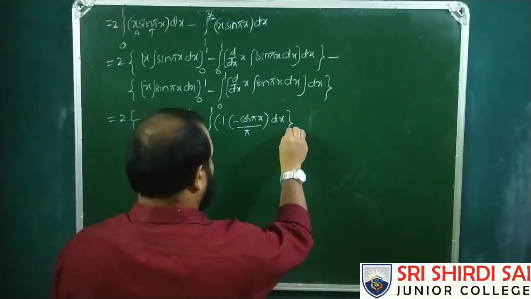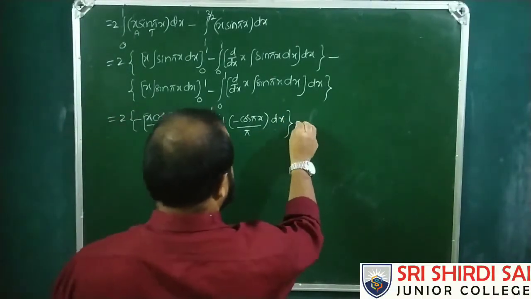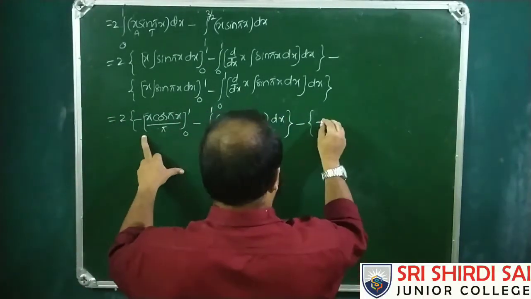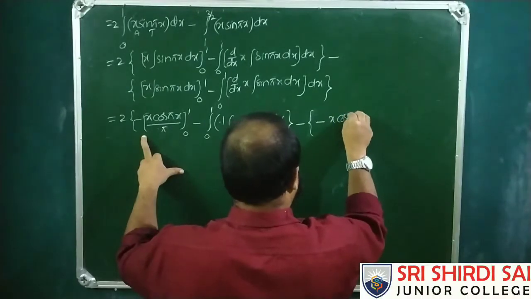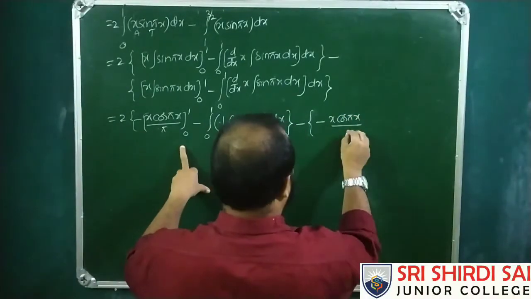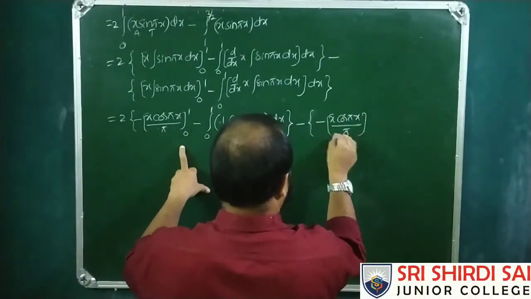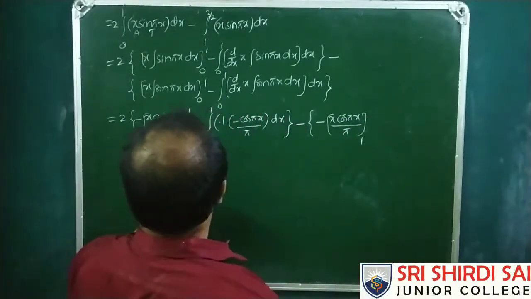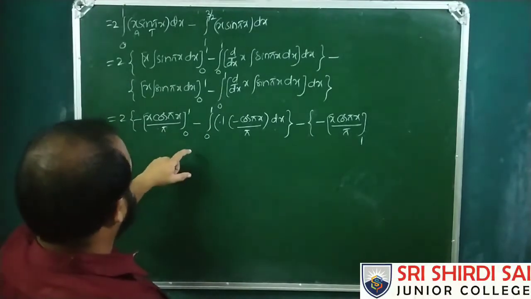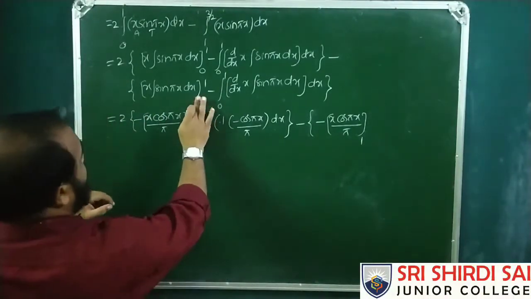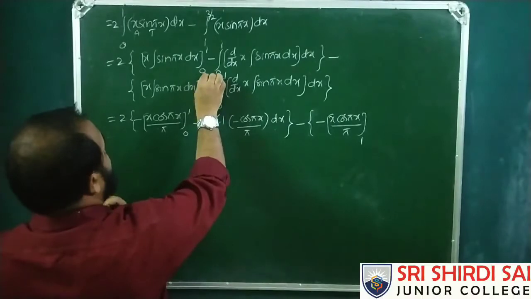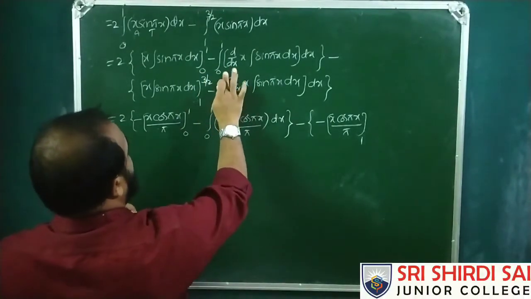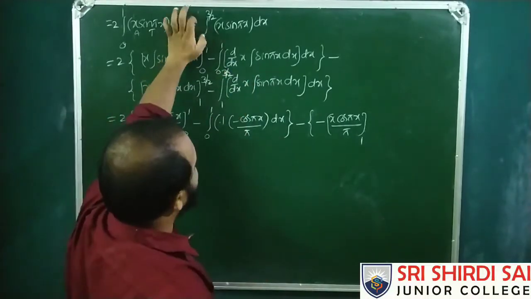So bracket closed, minus the same here also, minus x cos pi x by pi from 0 to 1, to 3 by 2. Sorry, here 1 to 3 by 2, right? This is 3 by 2 and this is also 1 to 3 by 2.